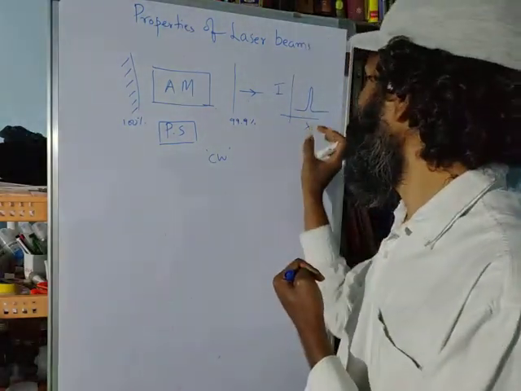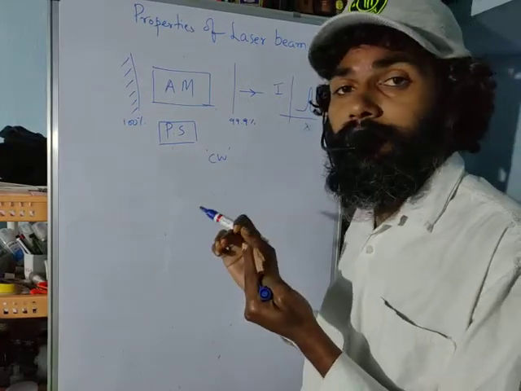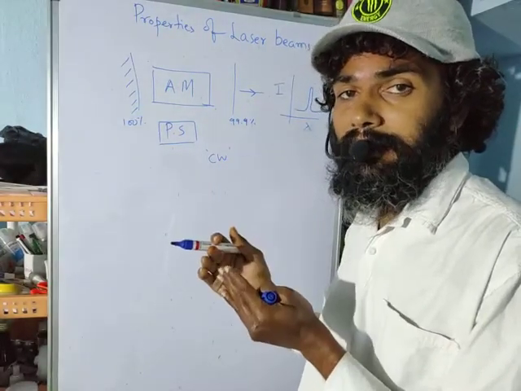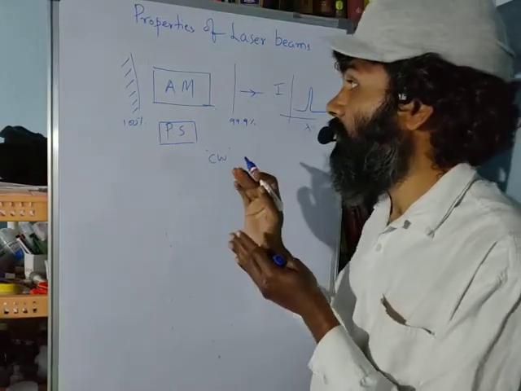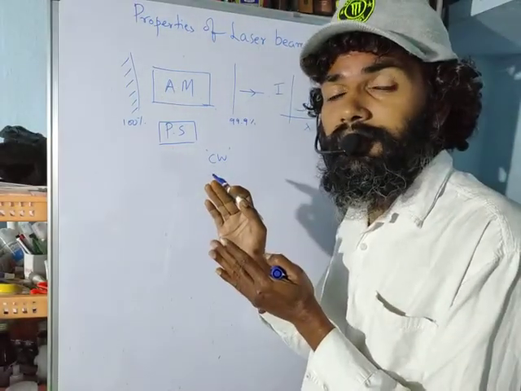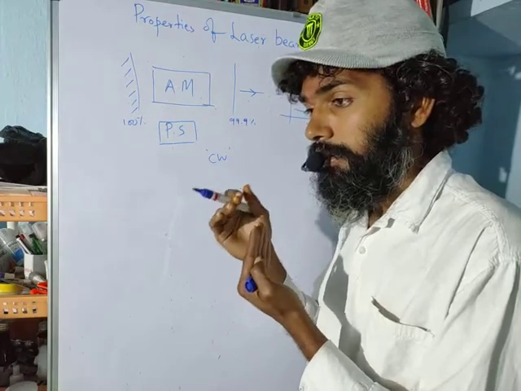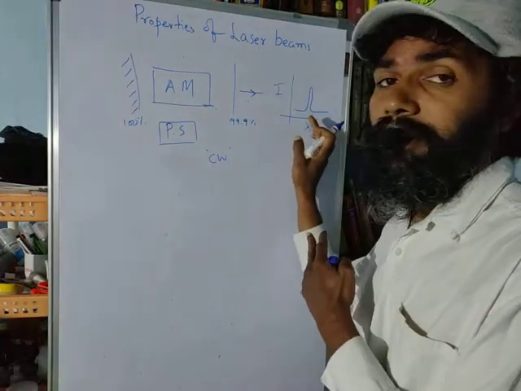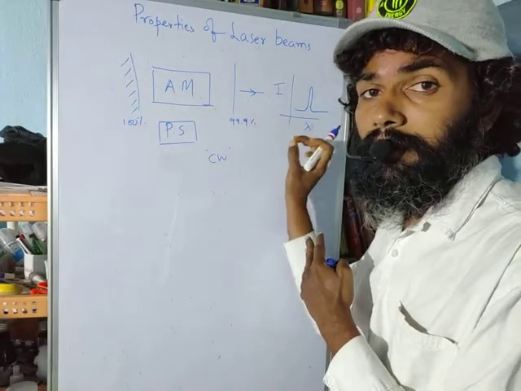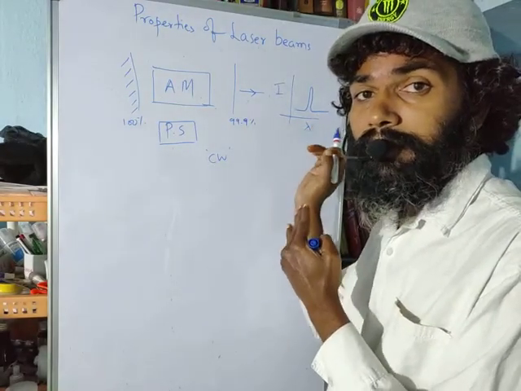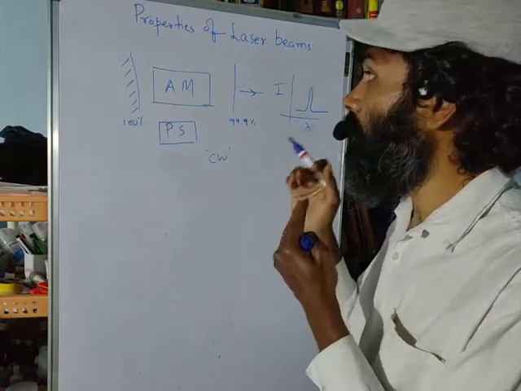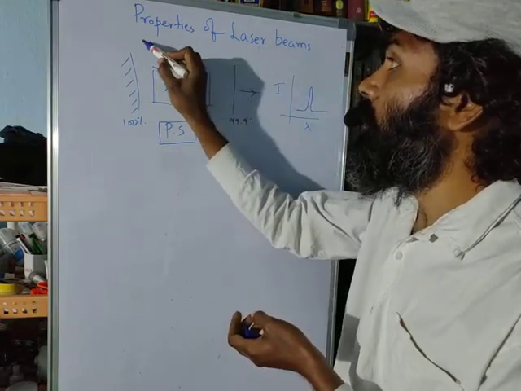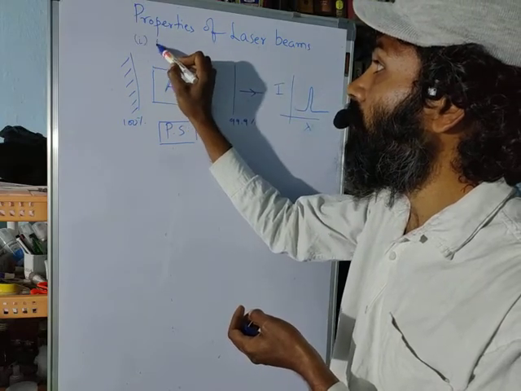And of course this width could be more for pulsed lasers. Anyway, if you observe the output of the first laser, which is the ruby laser, it is very narrow in width in the domain of wavelength. So we can say that the output of laser beams is highly monochromatic.